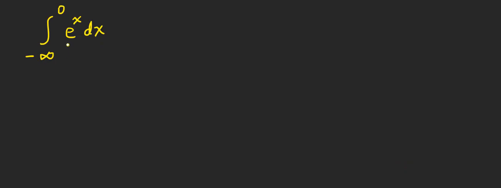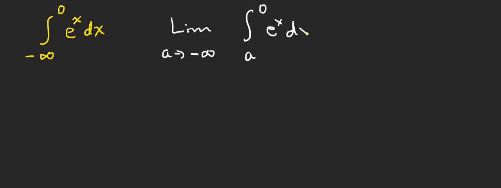Let's evaluate the integral of e to the x dx from negative infinity to 0. So we need to rewrite this as a limit: as a goes to negative infinity, the integral from a to 0 of e to the x dx.